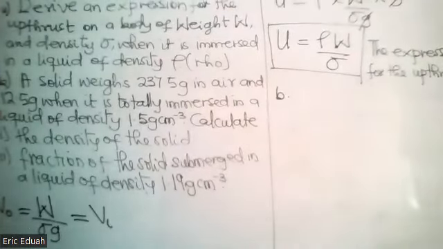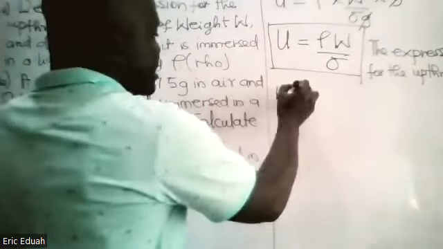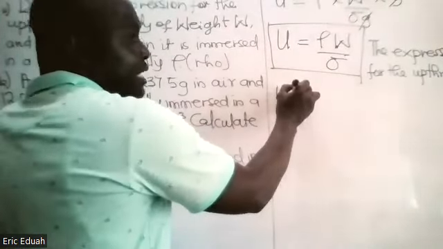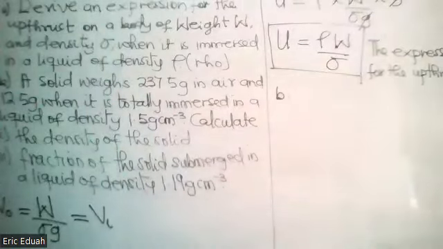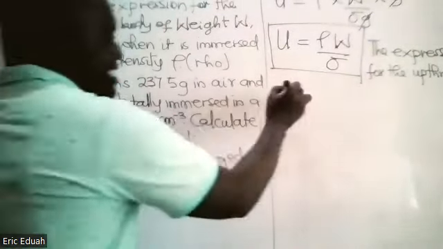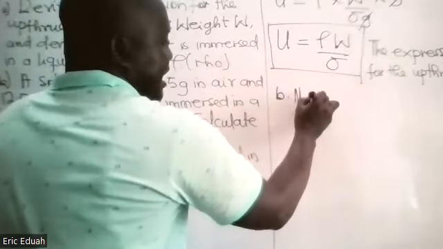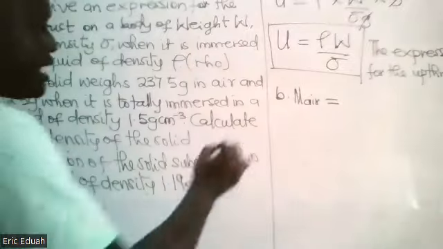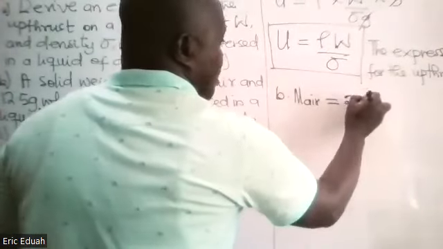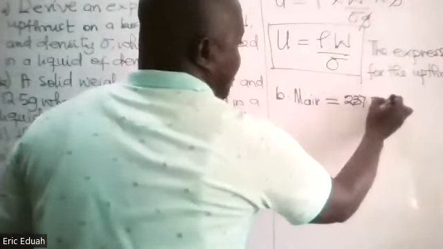We are given that the object weighs 237.5 grams in air, and this is actually mass in air. The mass of the object in air is 237.5 grams.